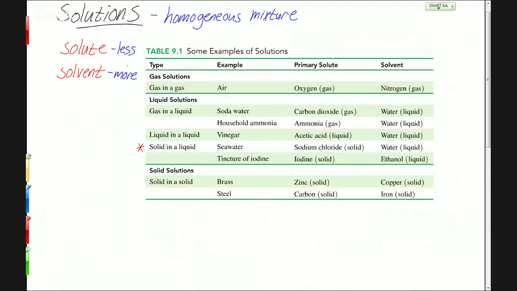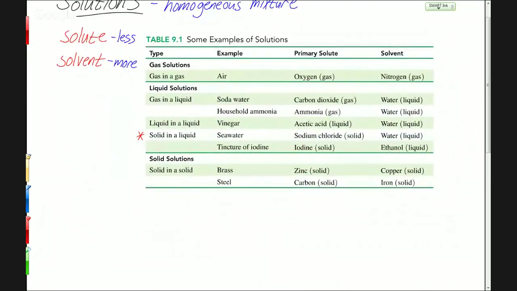And then another important note, probably: when there's water in a solution, water is usually the solvent.